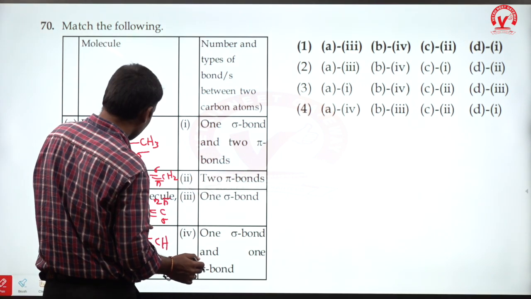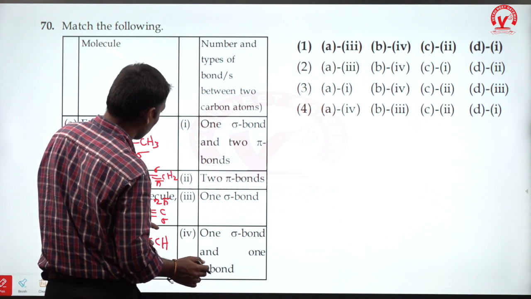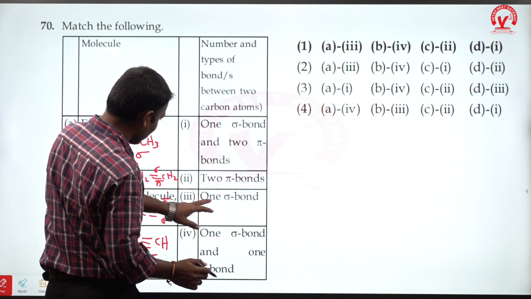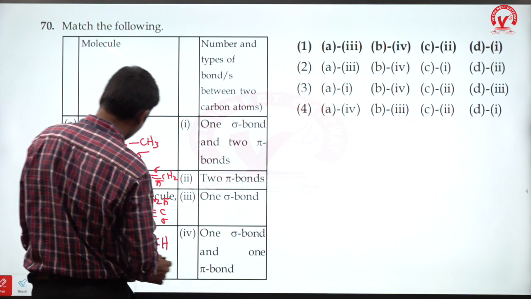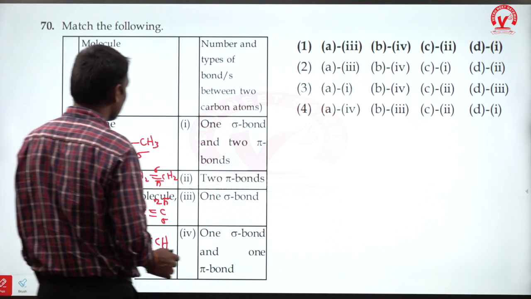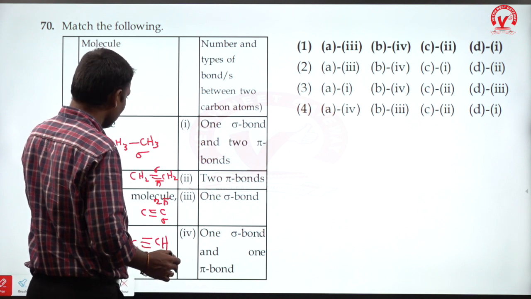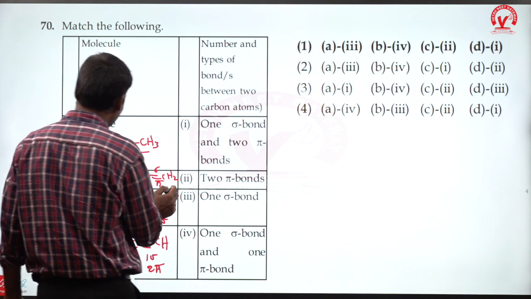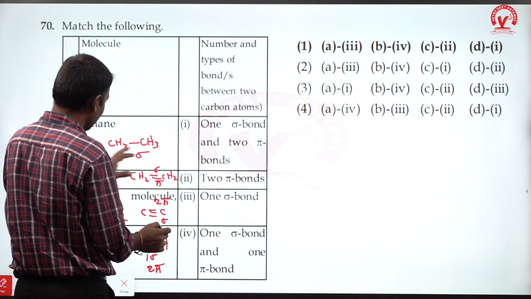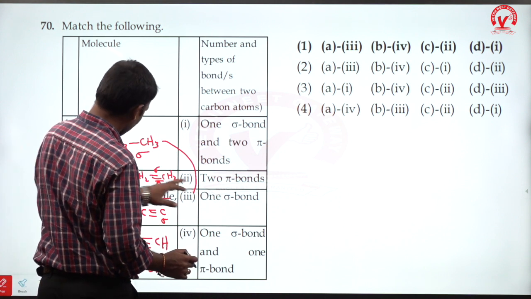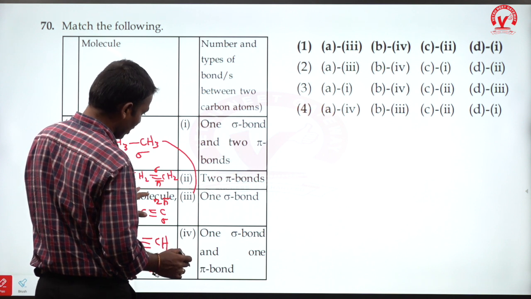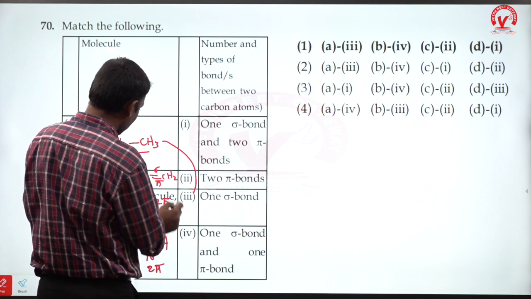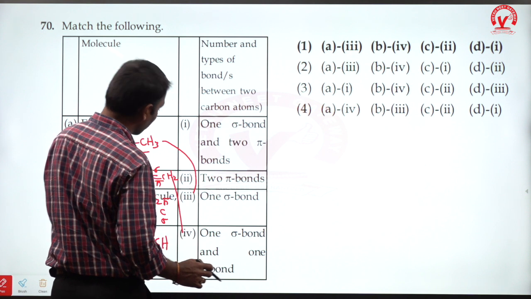So here you can take A as 3, only sigma bonds. Ethene has one sigma bond and one pi bond, so B we can take as 4.